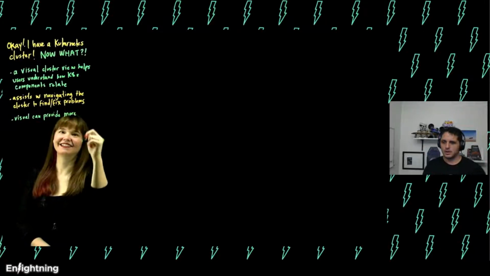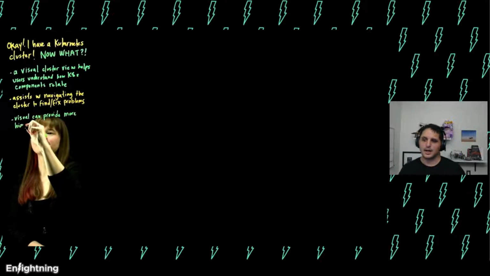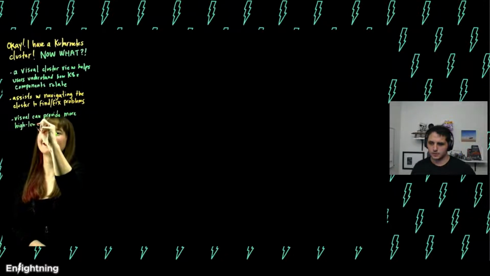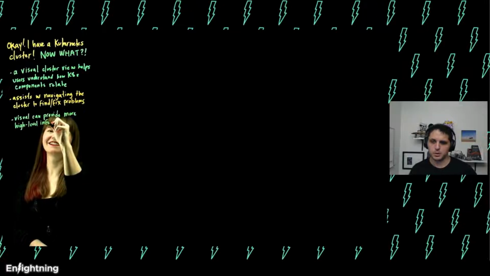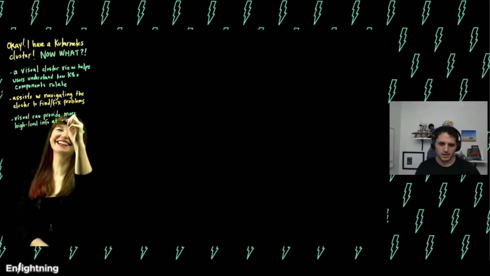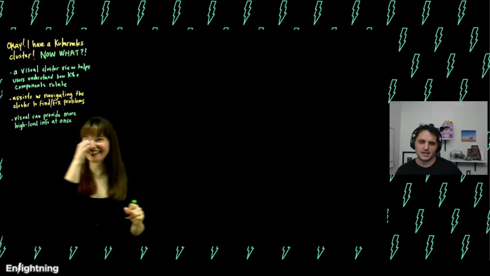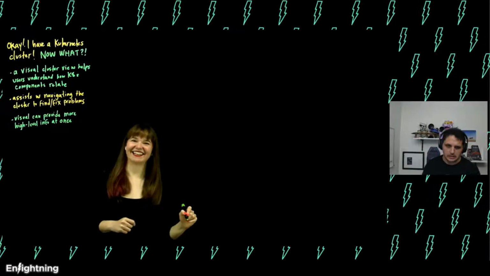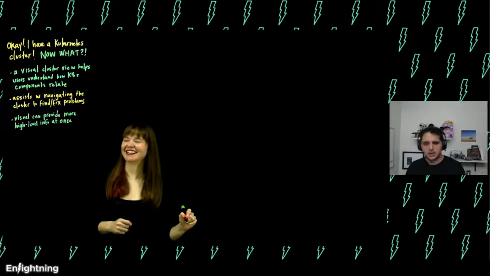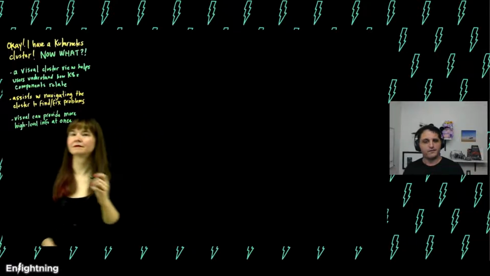So, the greatest lie ever told in the Kubernetes world is eventual consistency, right? Anyone who's ever had a crash loop back off knows that it's not actually eventually consistent. At some point, it says, no, we're going to stop. It doesn't always fix itself.